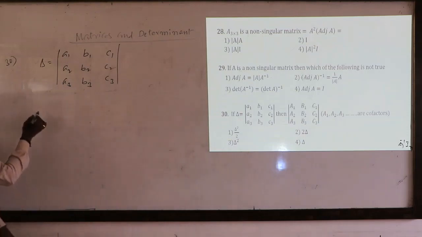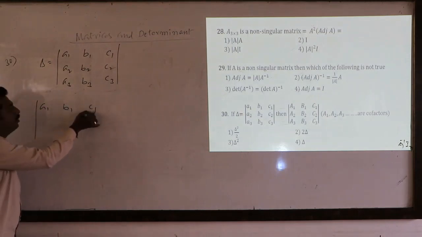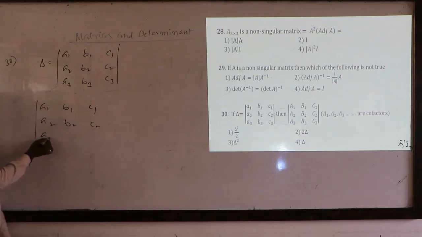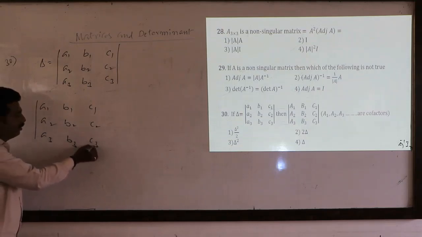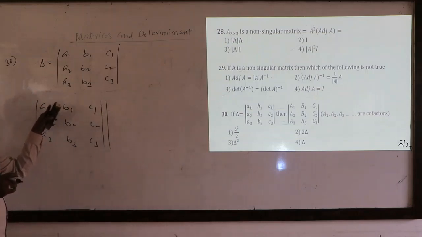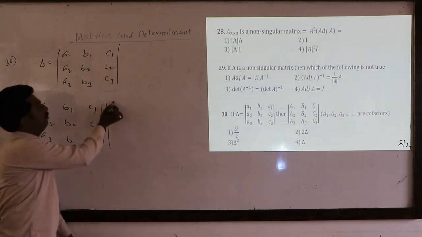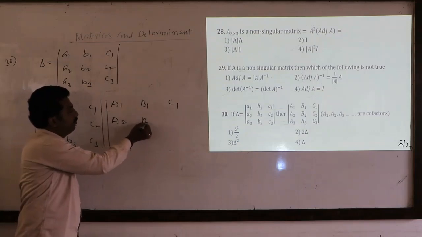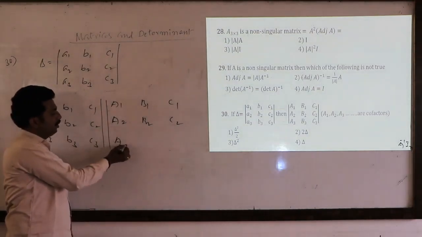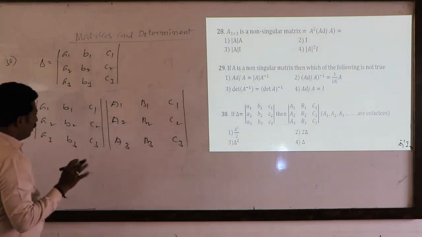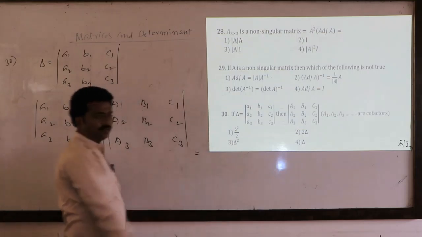Now I am taking the determinant of A1, B1, C1, A2, B2, C2, A3, B3, C3 into the determinant of the corresponding cofactors of these elements, capital A1, B1, C1, capital A2, B2, C2, capital A3, B3, C3. So this is very clear, I am writing this result here.